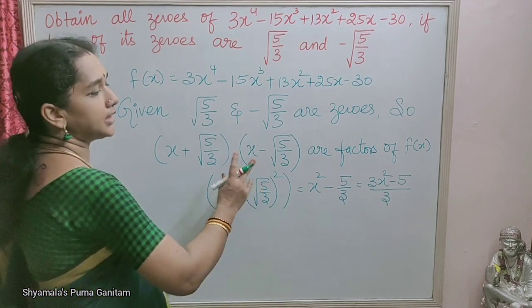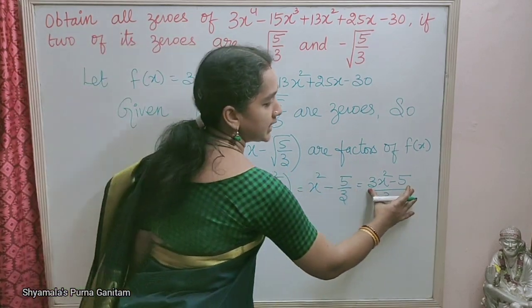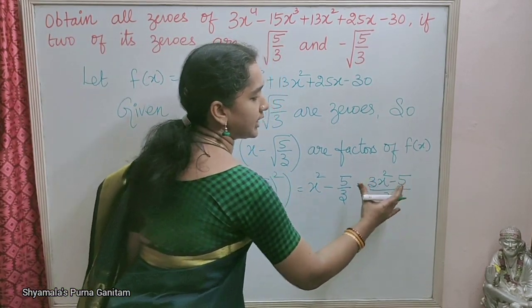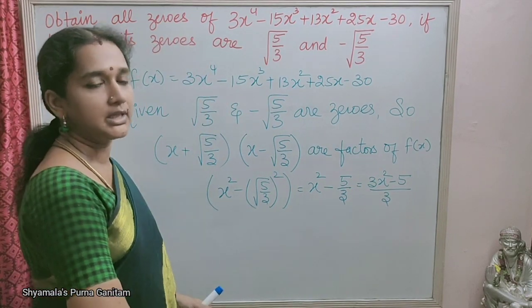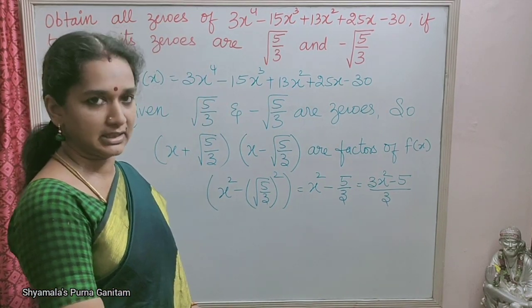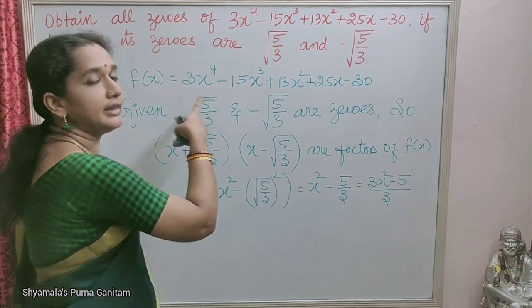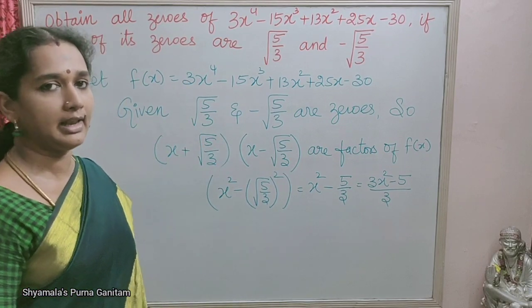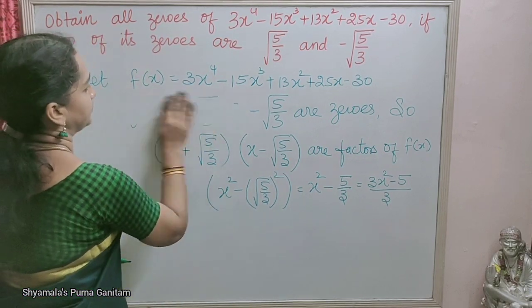Okay, so we got the factor for the two zeros, that is 3x squared minus 5. With this 3x squared minus 5, we will divide the given polynomial f of x.